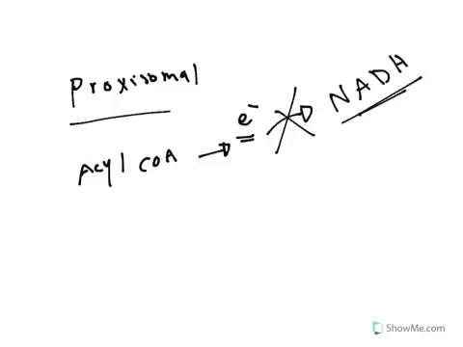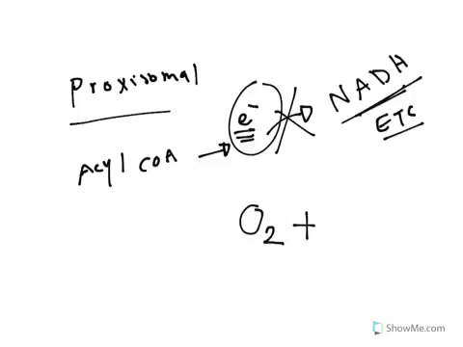Why? Because in peroxisomes we don't actually have an electron transport chain to produce energy out of NADH. So what happens? The electrons that we reduced will be added to oxygen.